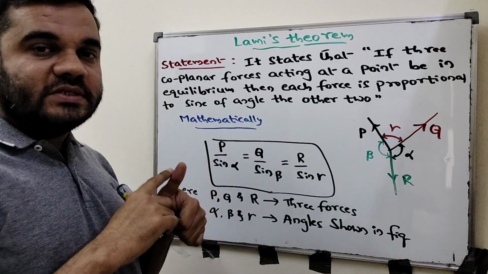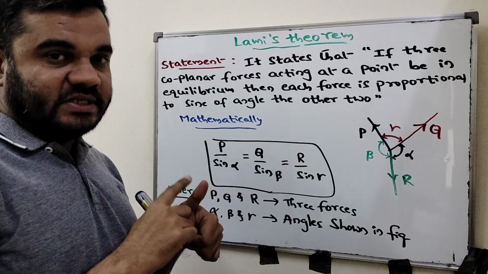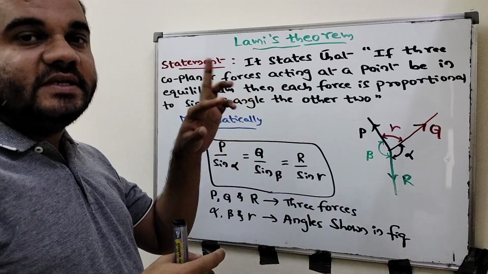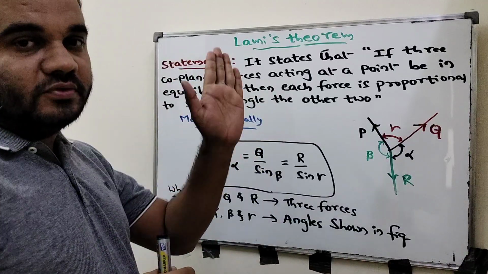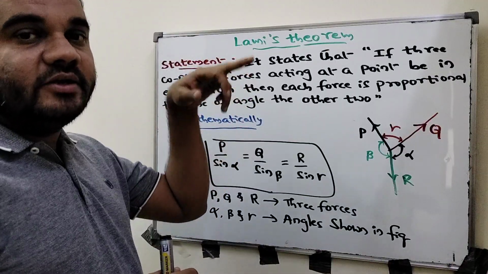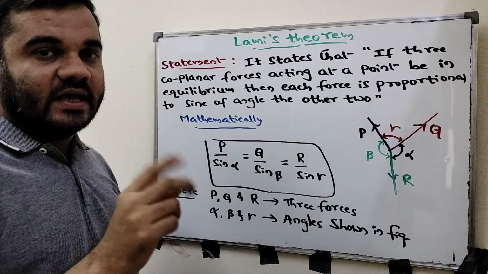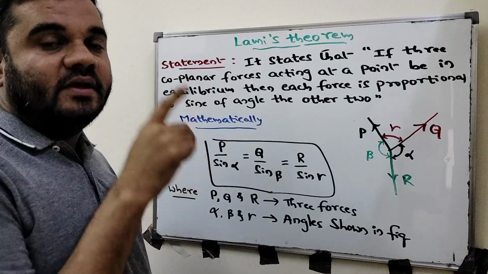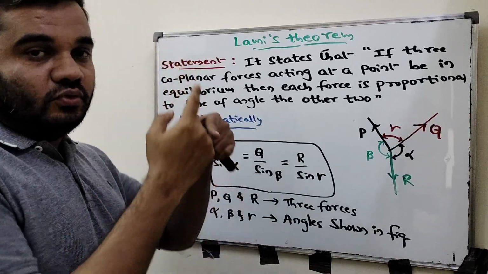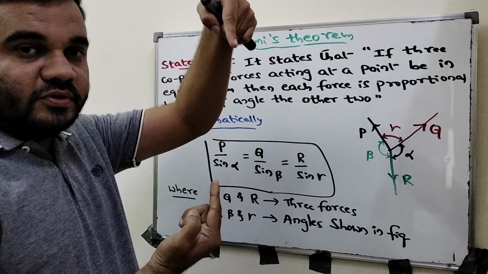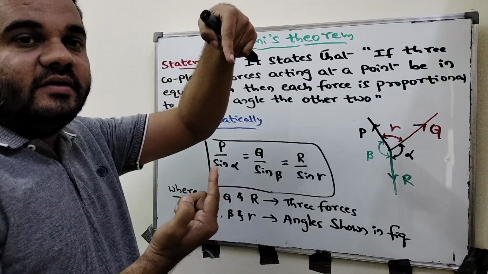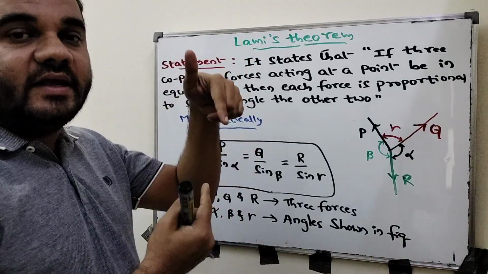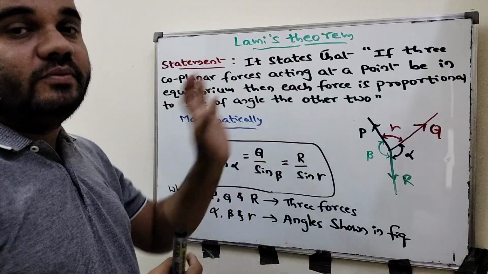In two-force equilibrium, if two forces are acting at a point, the resultant of these two should be in equilibrium. The two forces should be exactly opposite in direction, equal in magnitude, and collinear, along the same line. At that condition, you can say it is the equilibrium condition.